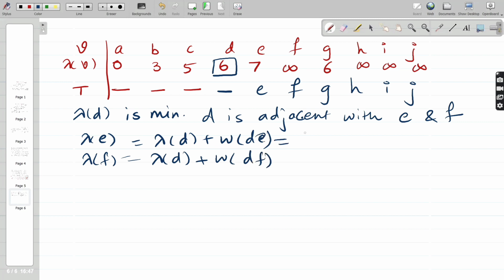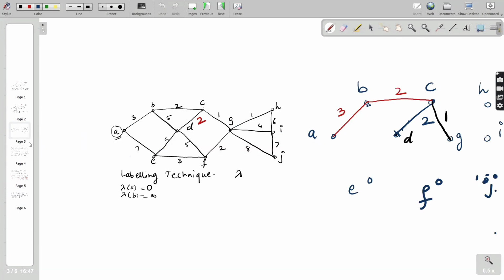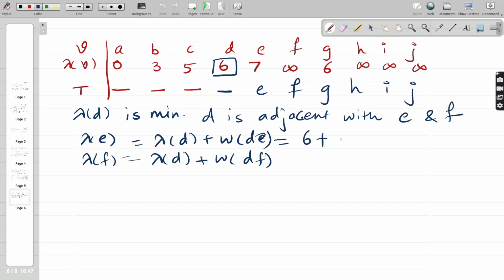Lambda D is 6. Weight of DE is 4, and weight of DF is 5. So the answer for E is 10, while lambda E is 7 actually. So 10 is greater than 7, so I will not replace it naturally. That means this is creating a longer route than required.